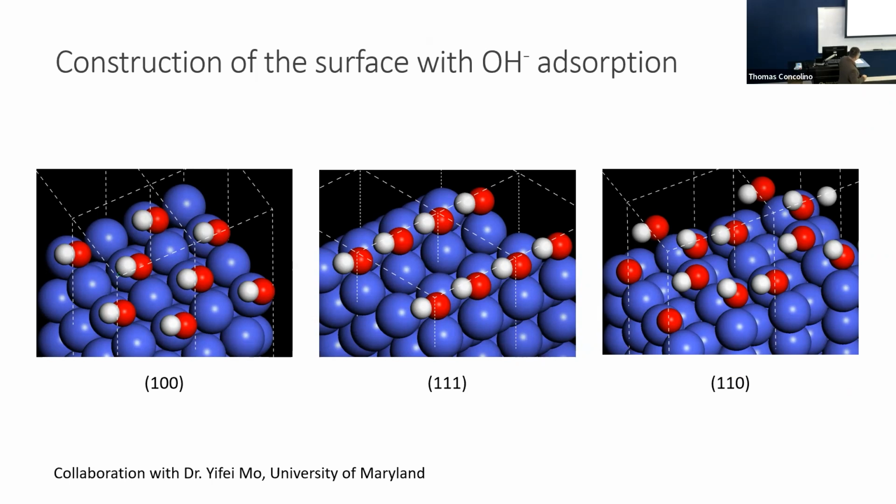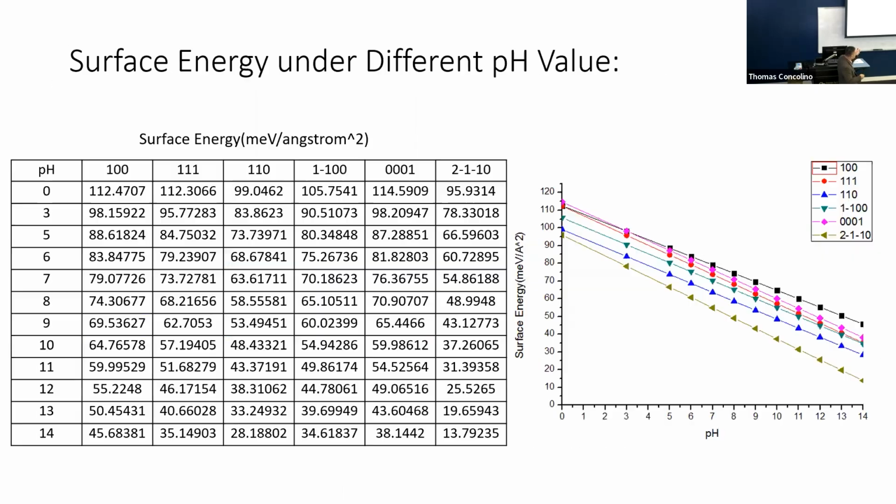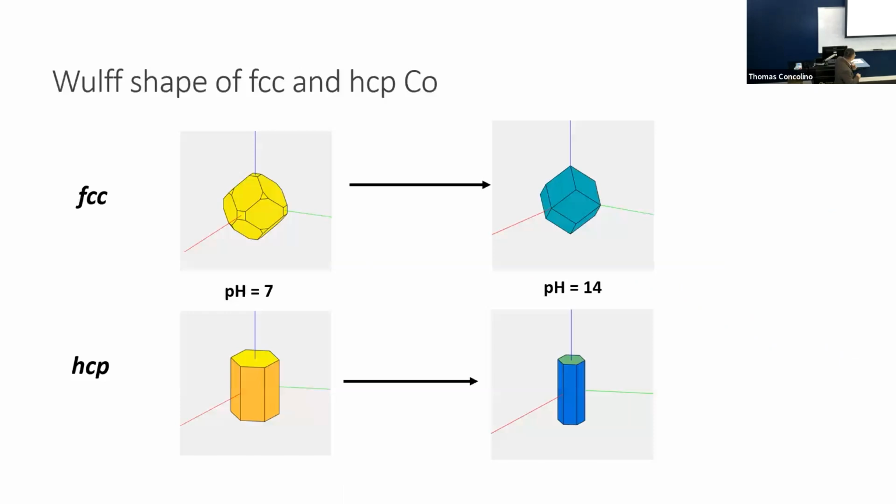And we calculated the surface energy of different facets of FCC and HCP with hydroxyl group adsorbed on it. And with all this energy calculated in hand, you can calculate the total energy and form the Wulff shape of FCC and HCP cobalt with different sizes.